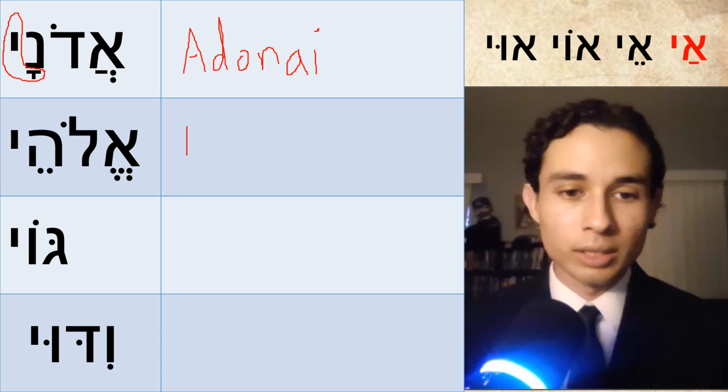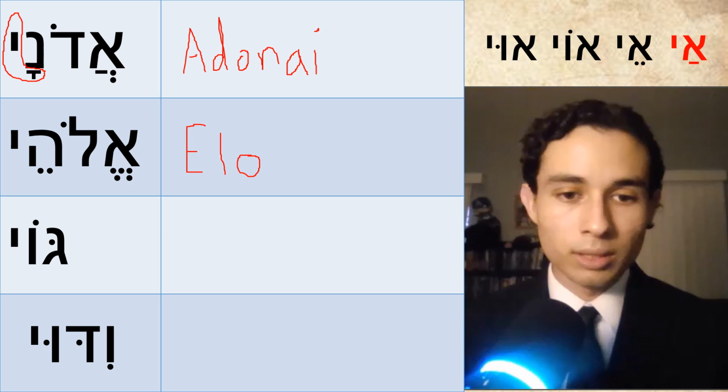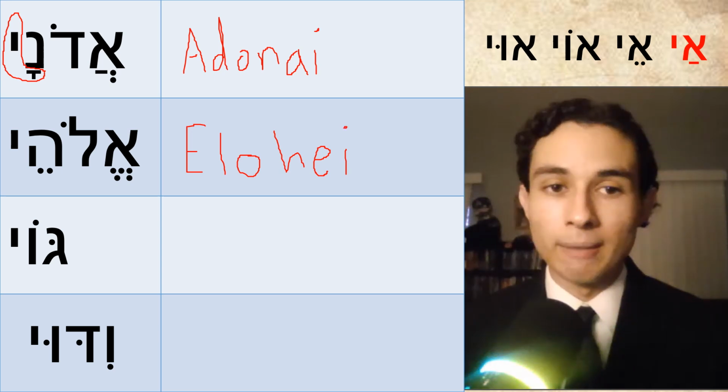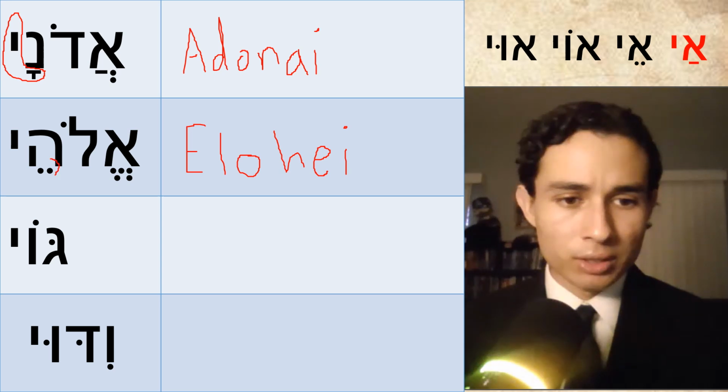Next, let's look at the S sound as the second example. I would transliterate it like this, with its chataf segol, lamed, cholam, hey, tsere, and then the final yod. Since it's a diphthong, since it's acting as a vowel, I'll put I. Again, notice here the diphthong is the tsere yod.